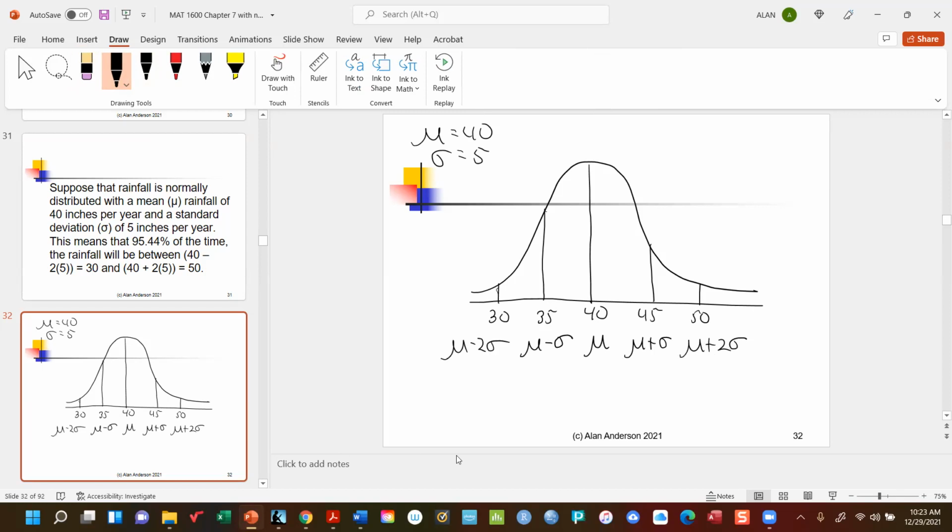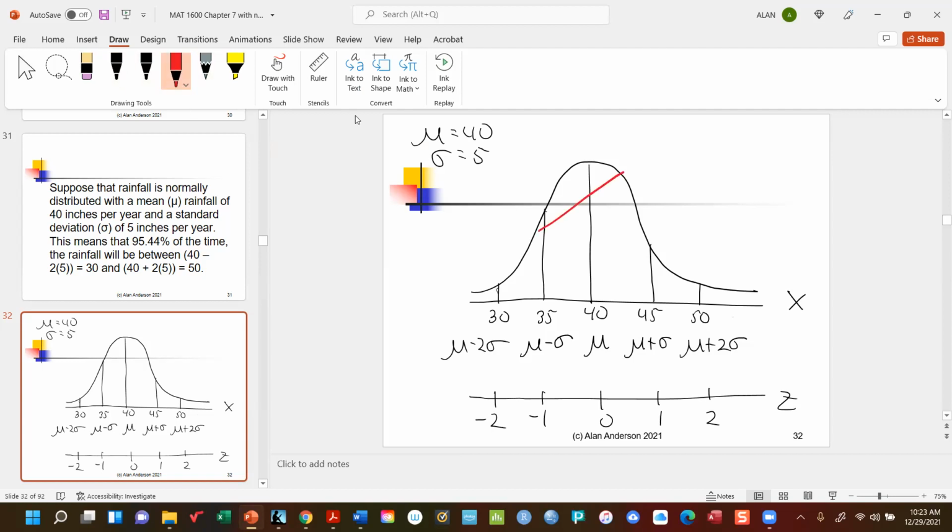So with the standard normal, this would be equivalent to 0, 1, 2, minus 1, minus 2. Okay, let's call this x and this is z. Well, guess what? We were just told that 95% of the distribution falls within 2 standard deviations of the mean.